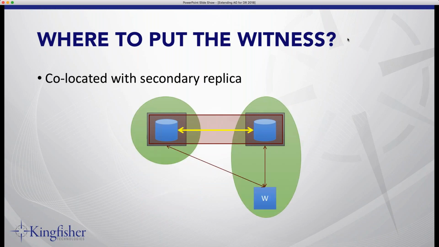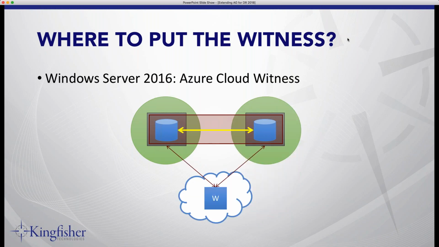If you have it with the secondary, now you have enough votes, but if that link goes down between your primary and secondary, it's going to fail over when you don't want it to. Or if there's an extra latency, it's going to fail over when you don't want it to. Windows Server 2016 added the possibility of putting that witness out in Azure, and that actually can be a pretty viable option for some companies as well.